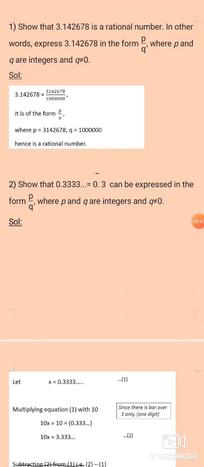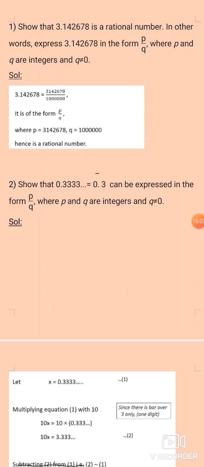Put equation number 1. Now multiply equation number 1 by 10, because here one number, 3, is repeating. To change that decimal part 3 into the whole number part, we multiply the first equation by 10.